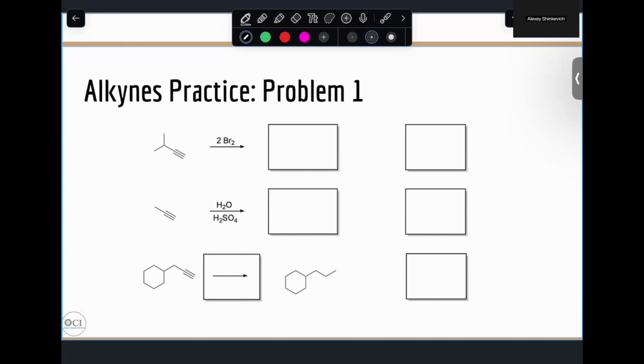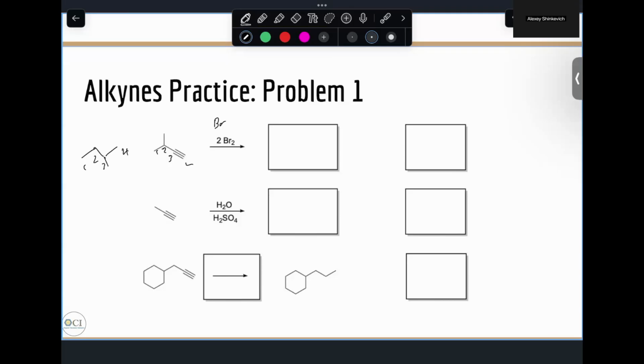An important tip when dealing with alkyne reactions: always count your carbons from your starting material to your product. It's very easy to get tripped up on your carbons. So with two bromines, we know that the first set is going to do this. 1, 2, 3, 4. 1, 2, 3, 4.